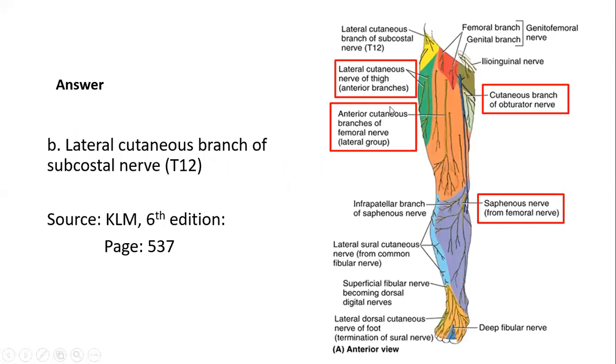Look in this diagram on the right side. Lateral cutaneous branch of the subcostal nerve, 12th thoracic nerve here. This small uppermost and lateralmost side of the thigh is supplying the skin over the greater trochanter of the femur. So the correct option is lateral cutaneous branch of the subcostal nerve.